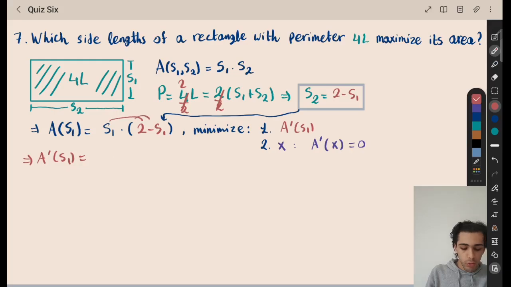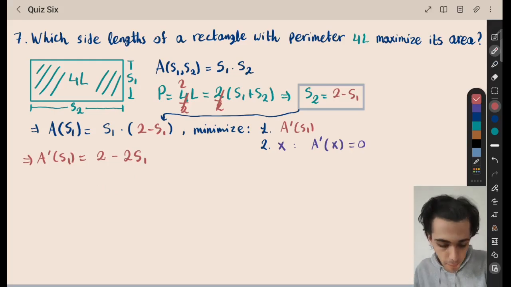So if you distribute and take the derivative, you will get 2 minus 2S1. Because you get 2S1 minus S1 squared, if you're wondering what's happening here. So you take the derivative of this, you get this, take the derivative of that, you get that.